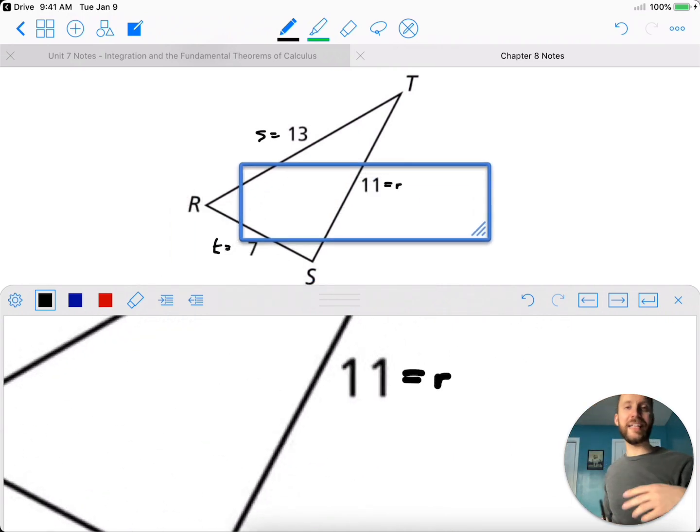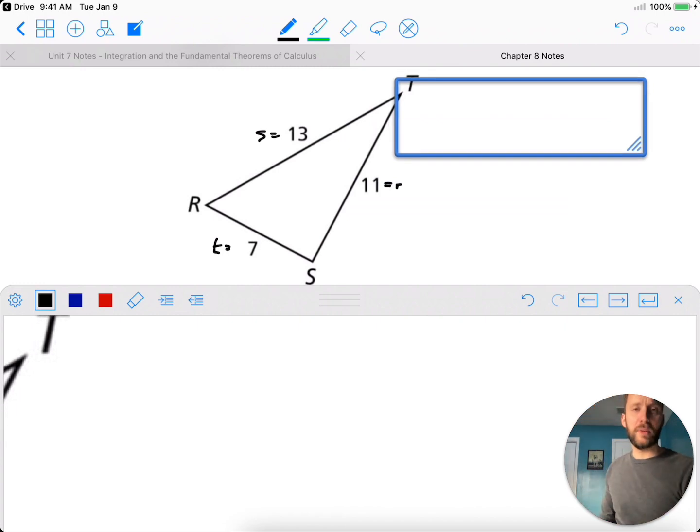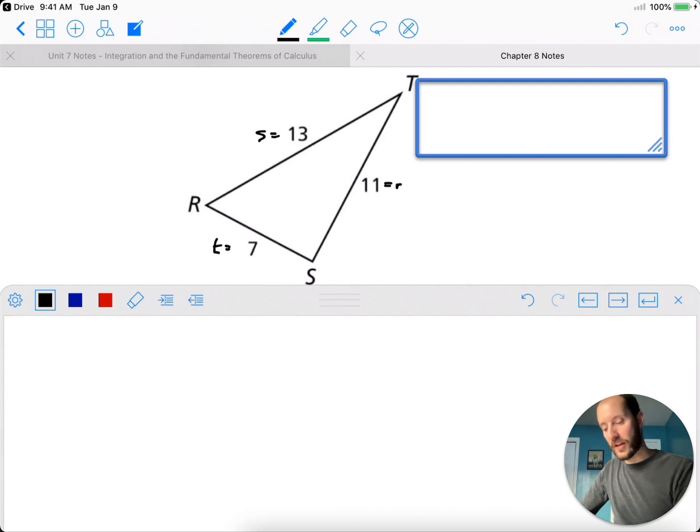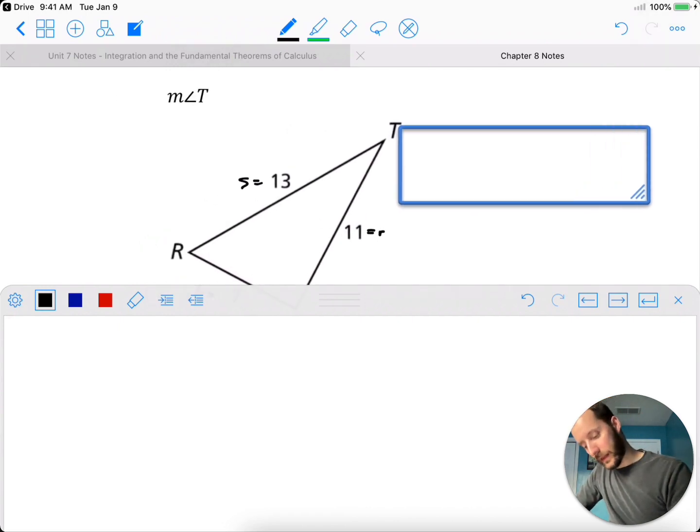So we have side, side, side, three sides. We're trying to find an angle. So trying to find an angle means we're using an inverse trig ratio. So let's set it up like we normally do. We're trying to find the measure of T. So you have little t squared.